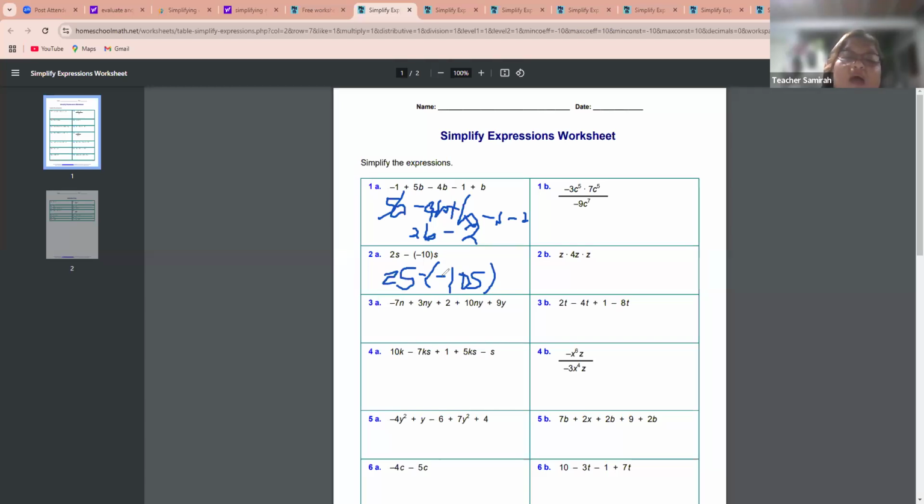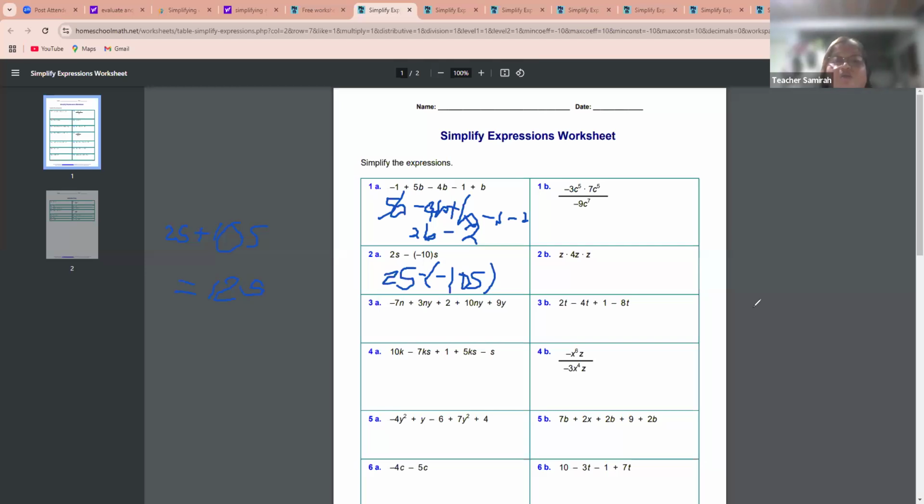That would give me positive. So 2s plus 10s. What will be your answer? 2 plus 10, 12s. Very good, Noel. The correct answer is 12s.